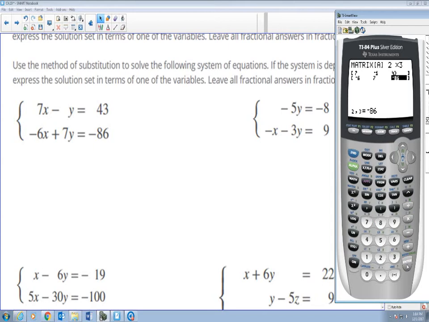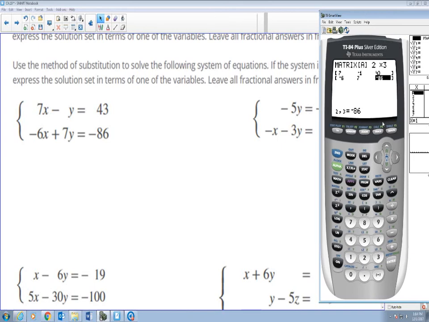Now it gets a little bit tricky. Once I enter my matrix, I want to get out of this screen by pressing second quit, because that will take me back to my home screen. So now I go back into my matrix, highlight the word math, and go up until you see row reduced echelon form, RREF.